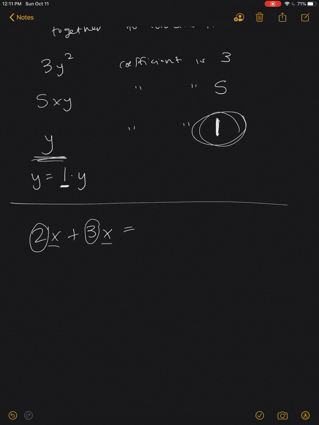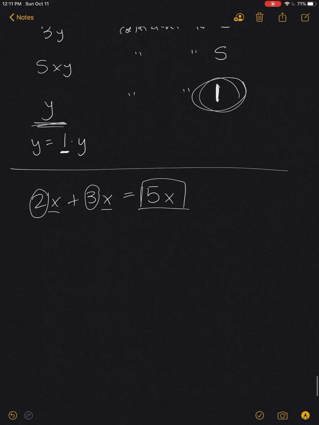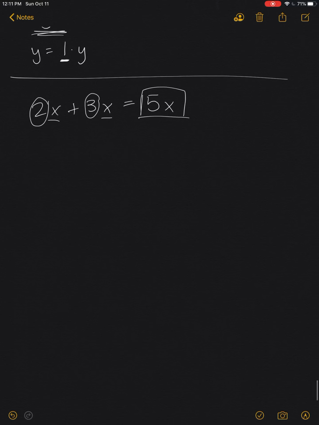That means I can add together the coefficients, right? So 2 plus 3 is 5, and I just keep the x the same. Okay, so it's 5x, 2x plus 3x. They are like terms. I can add together the coefficients, and I get 5x.